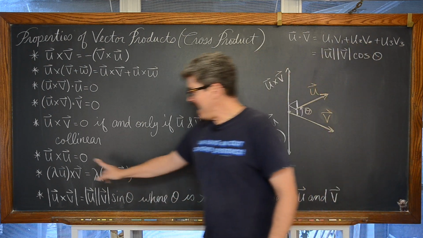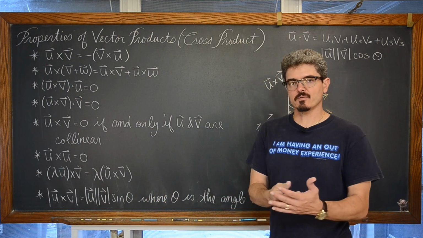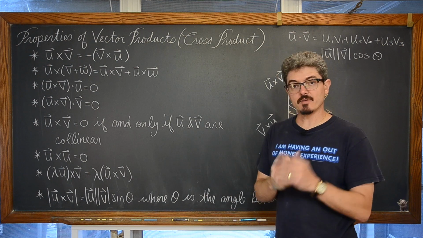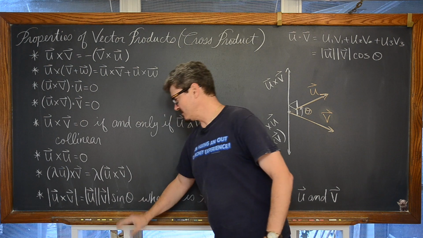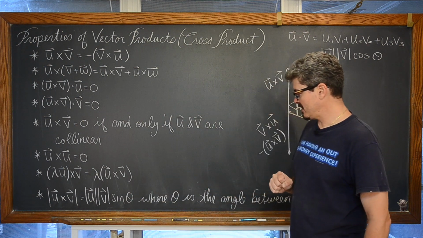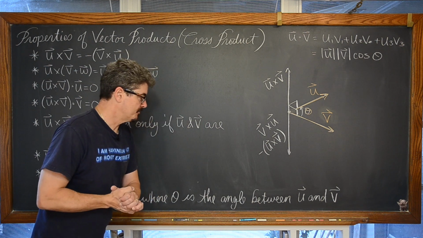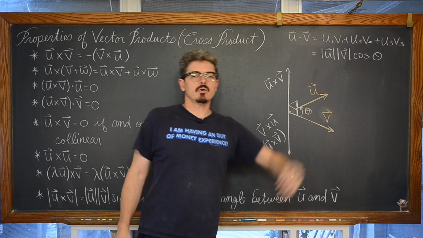And the magnitude of your cross product, the length of that third vector, which is orthogonal to your two original vectors, is equal to the magnitude of vector u times the magnitude of vector v times the sine of theta, where theta is the angle between vector u and v.